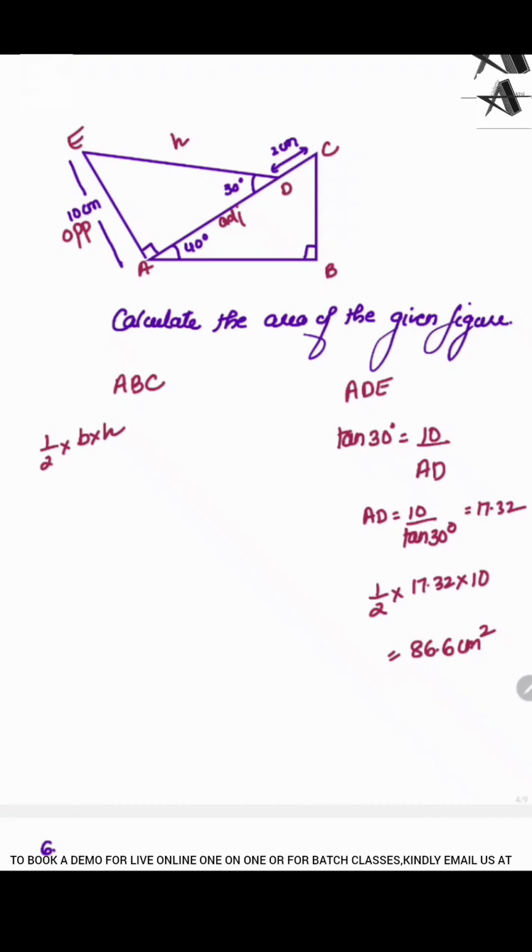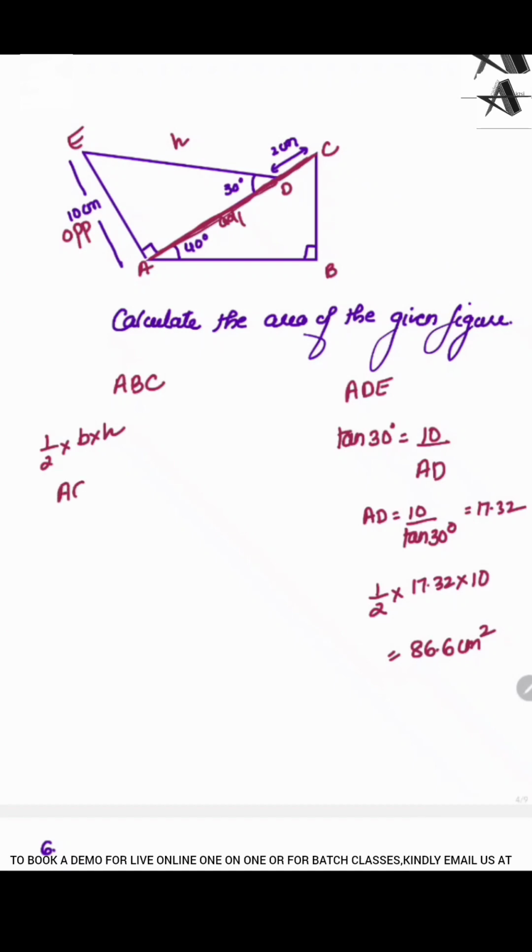We just saw at the beginning of this question that only one parameter of ABC is known, which is the angle. But now we have the hypotenuse as well. How? Because we have calculated AD to be 17.32 and DC is already mentioned as 2. So I have this whole AC.